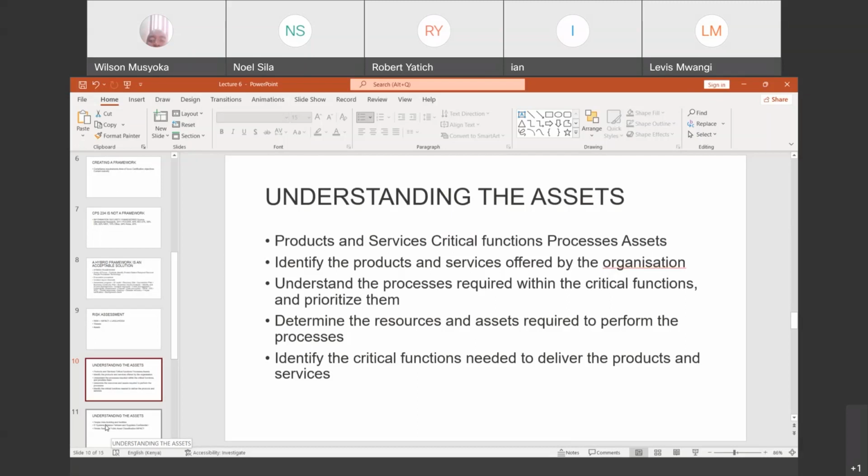So that is the product or service which you are looking for as a student, or as an educator for me to be able to teach. How do we ensure that it is accessed at all times? That is where we are talking about prioritizing the critical functions and ensuring that they will be available.